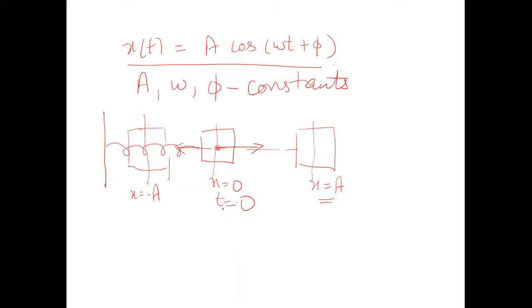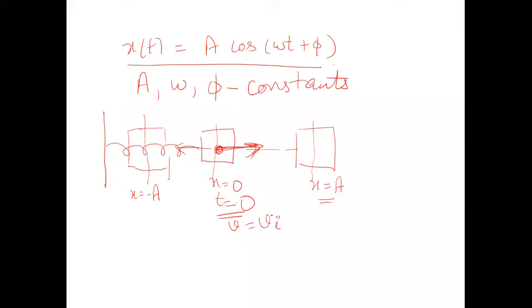So let's say that he says I'm going to start my clock when my particle is going in the positive direction. That means your velocity is going to be a positive number, and let's say that is your v_i, which stands for your initial velocity.